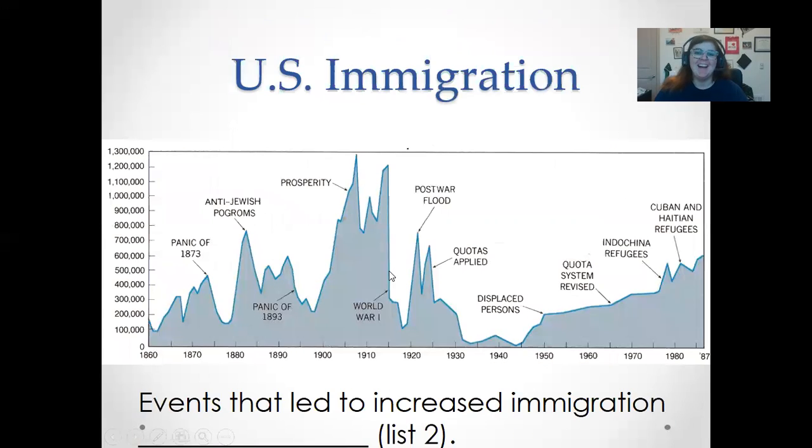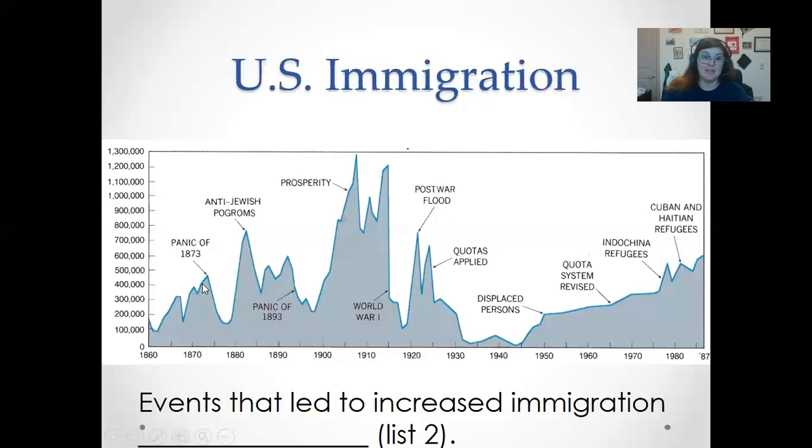Sorry about that. Okay, so here is a graph of immigration from the 1860s, the Civil War, to about the 1980s. So you can see during this late 1800s and early 1900s period, we have this huge influx of immigrants.